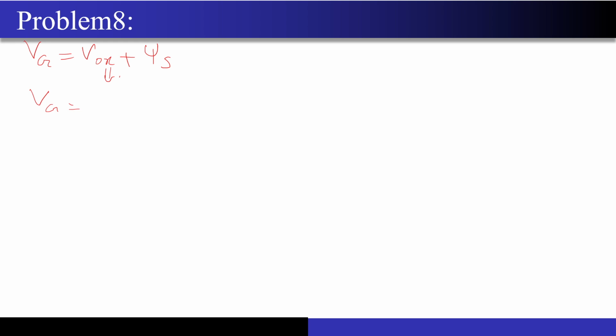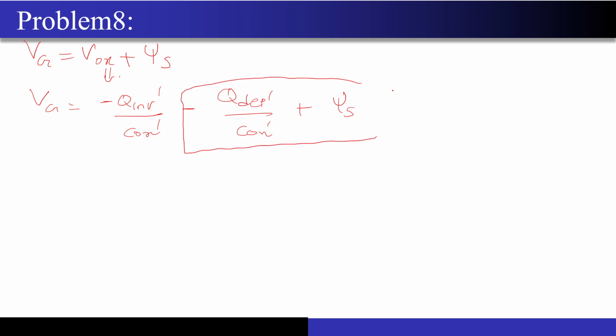So I will just open up that bracket: minus of Q inversion dash by Cox dash, minus of Q depletion dash divided by Cox dash, plus psi s. Now this is what I am left with. If you carefully look at the term psi s minus Q depletion by Cox dash, this is nothing but your threshold voltage.